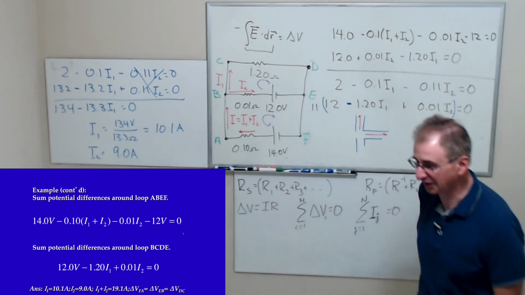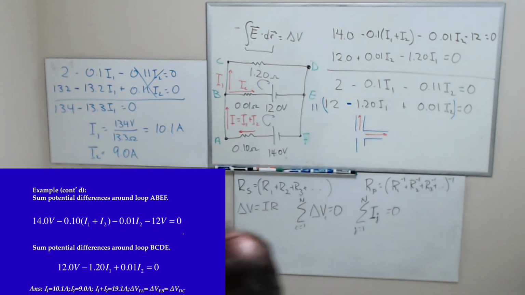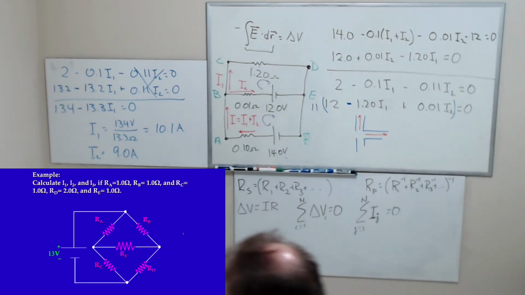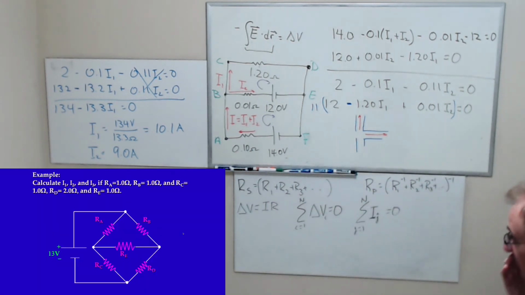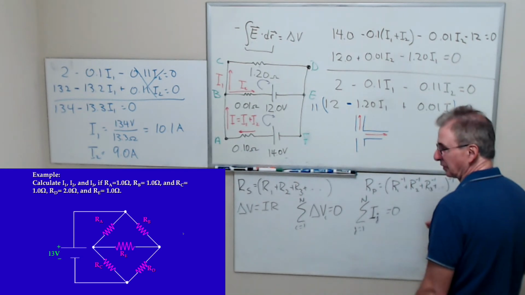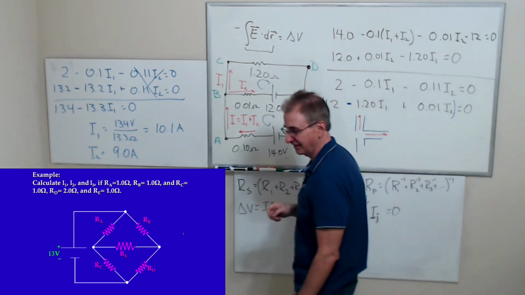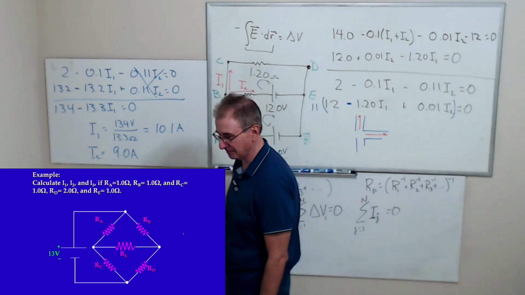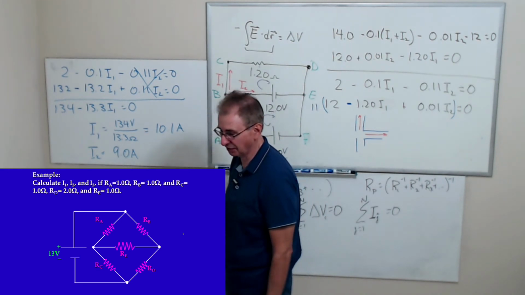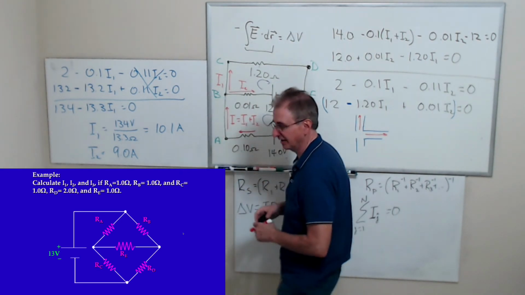Okay, so now we're going to do a harder one. We're going to do this one. So basically it's the problem we did the other day, except we put a resistor across that bridge. The other day that resistance was 0. Here it's not.